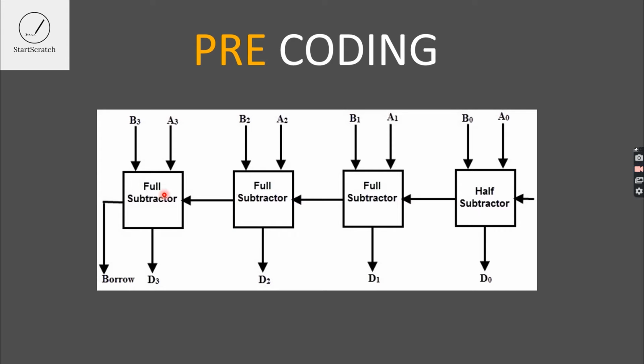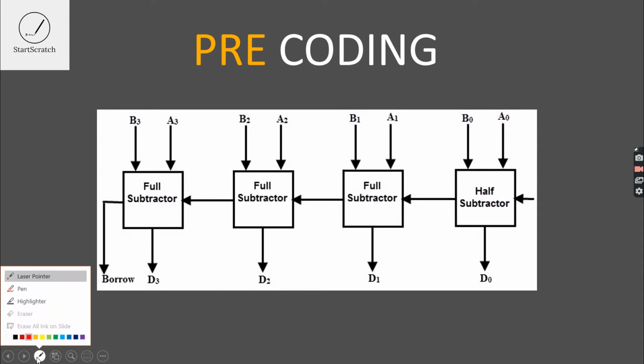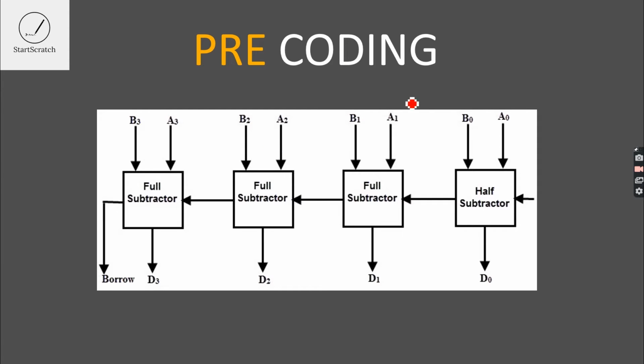This output will be driven to the fourth full subtractor, and here you will be getting 4 bit, 2 numbers.